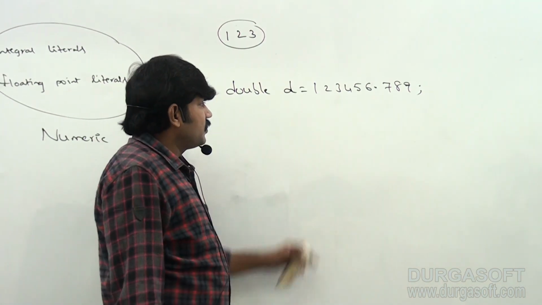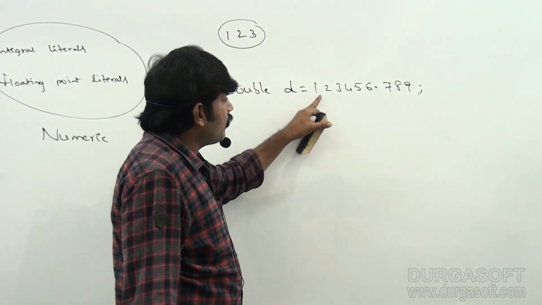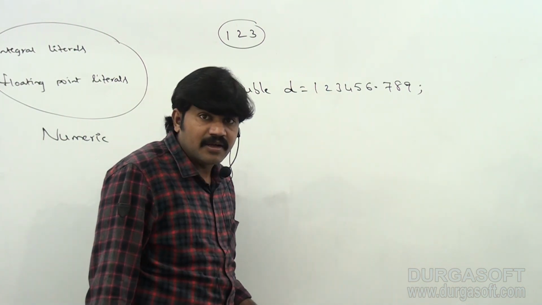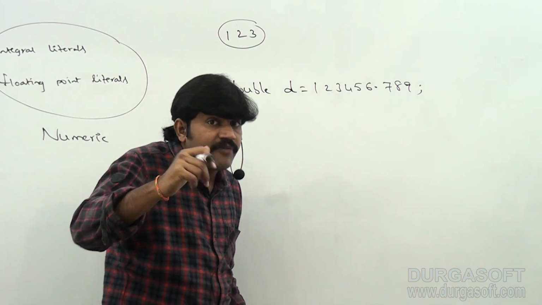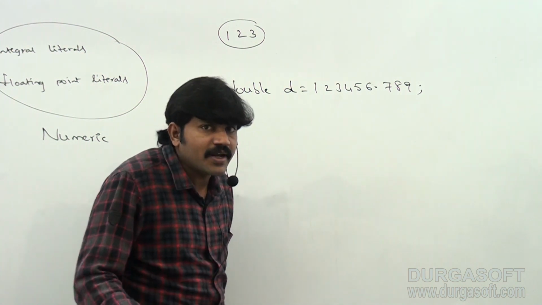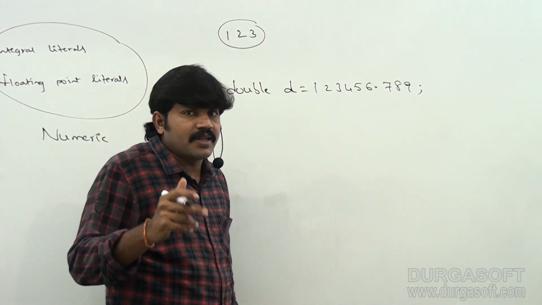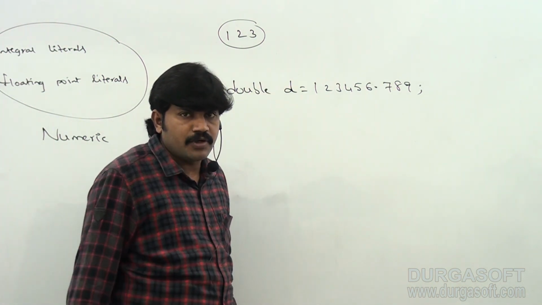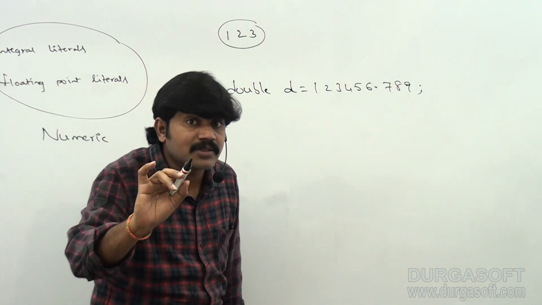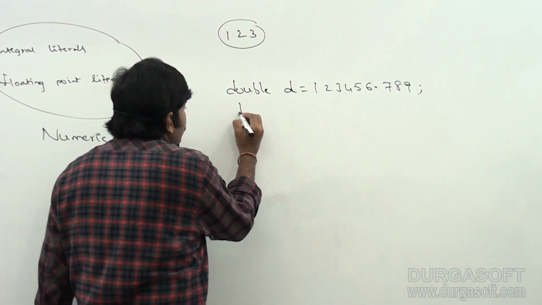It's always a confusion. Is it 12,000 or 1,23,000? So to overcome that confusion and improve readability, from the 1.7 version onwards, we can happily use the underscore symbol.